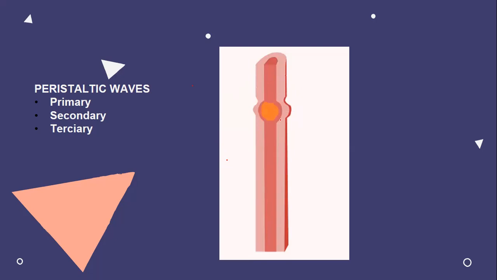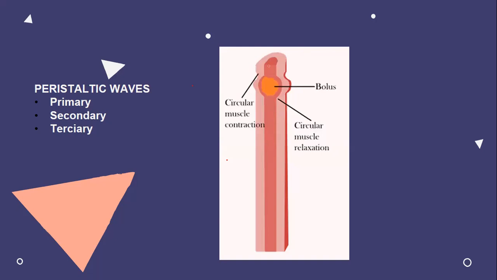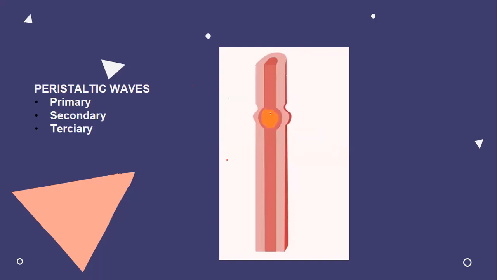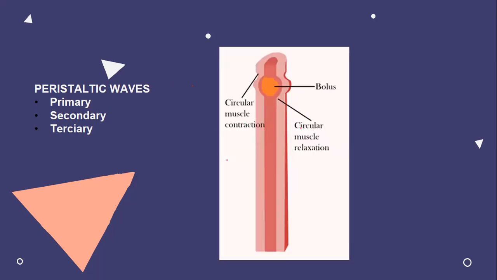And it's stuck, it's not moving anymore. So the primary peristaltic waves cannot move this stuck food. So when the walls of the esophagus are dilated by this piece of food, there come the secondary peristaltic waves, which start in the body of the esophagus.